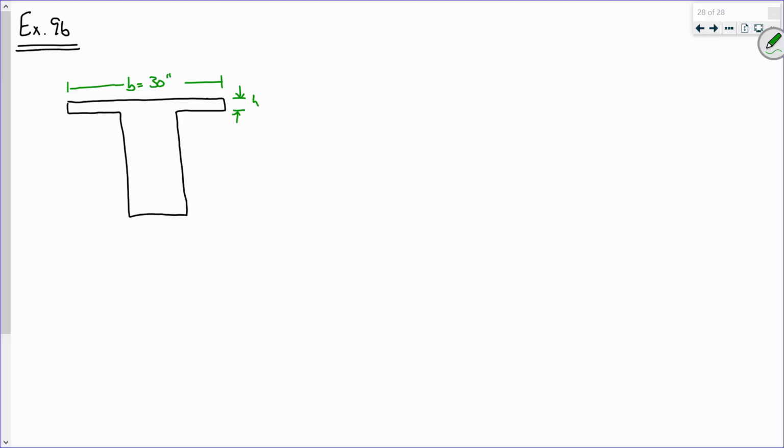This dimension here, again, not the total depth, just the effective depth to the rebar, is what? 30. All right, and again, I'm saying d equals 30 inches. I'm using the notation, which, by the way, is the exact same notation they use on the FE exam.